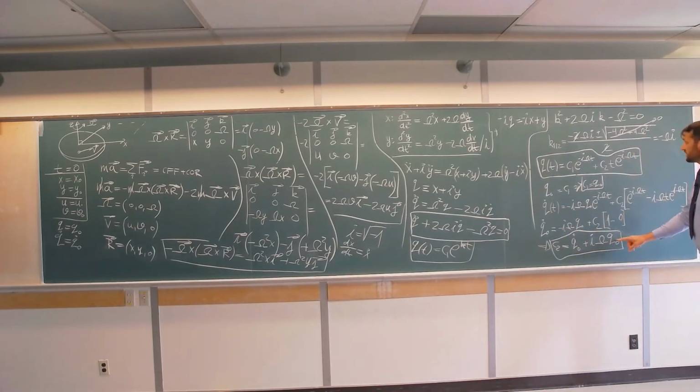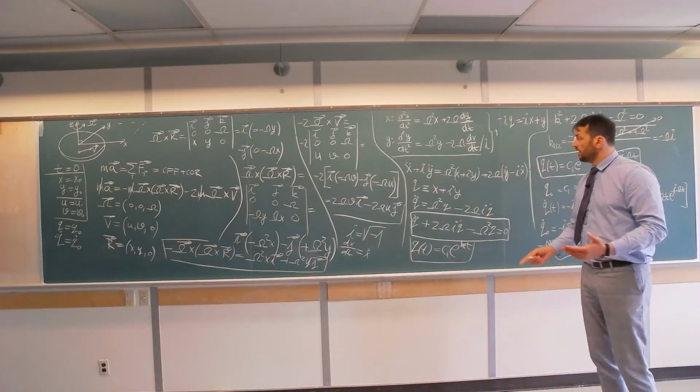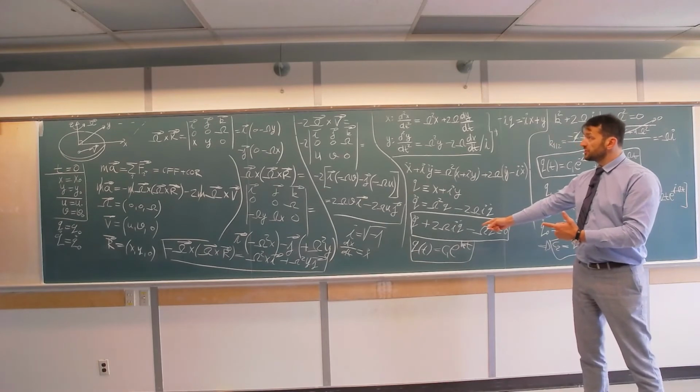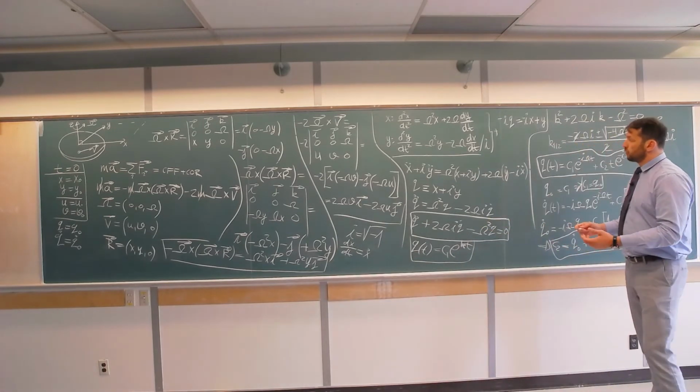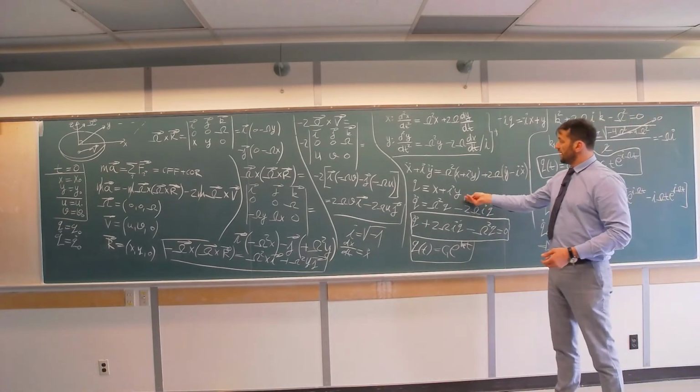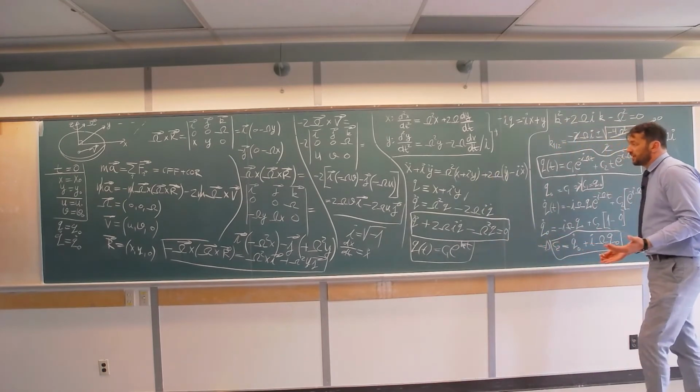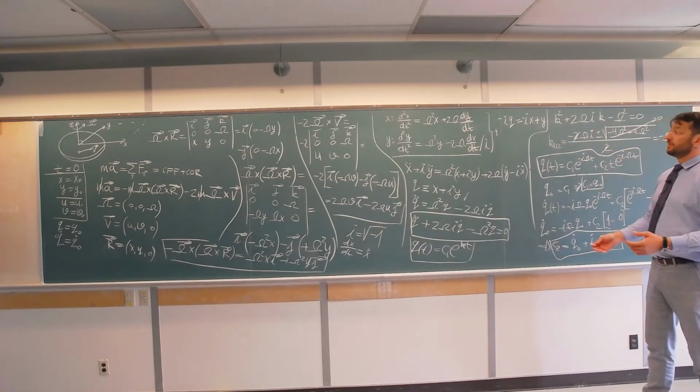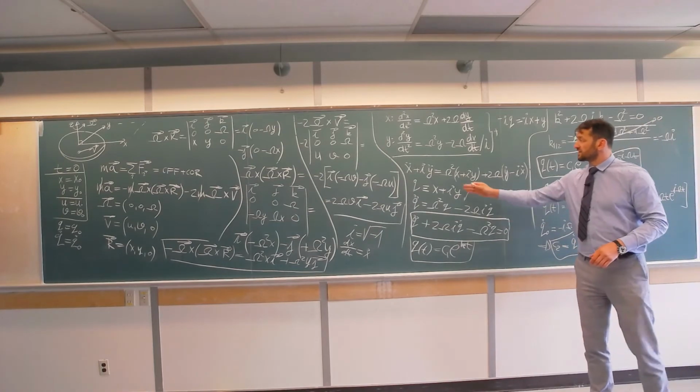And now we can substitute C2 over here, C1 over here, and we have the general solution for this differential equation. And then we will, of course, go back to x and y because we are interested in x and y components and find the trajectory in the x and y directions.